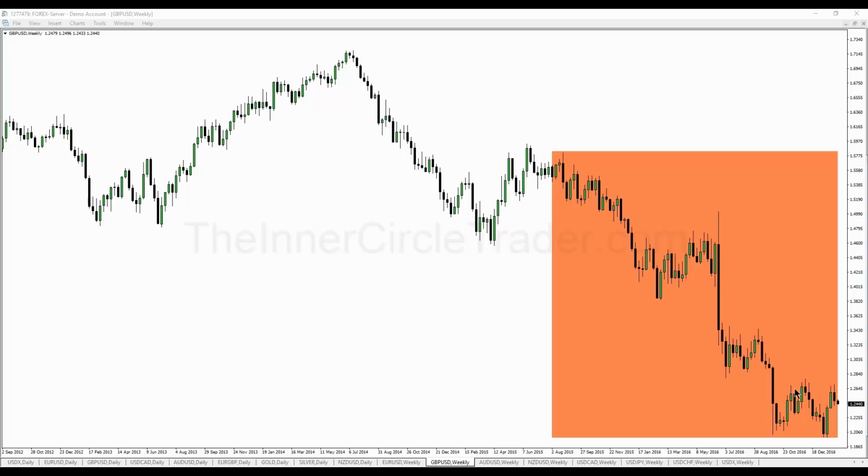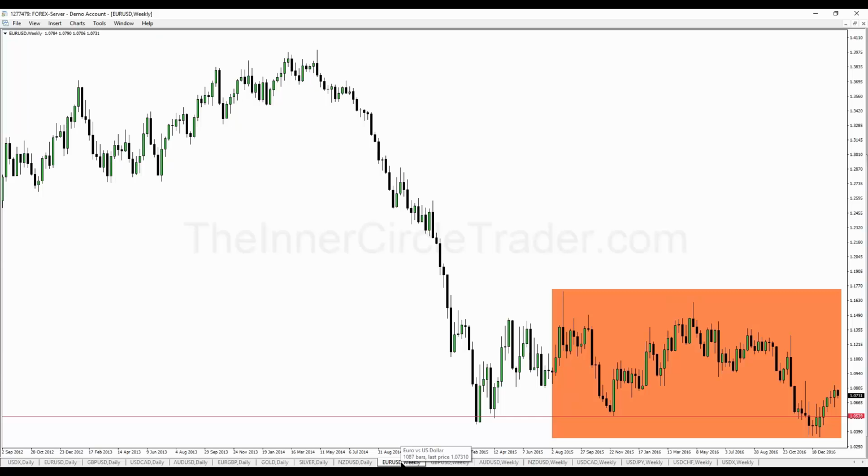Now, if we were looking at this pair and we see, okay, this pair shows a willingness to go lower while at the same time the euro dollar is in consolidation, I want you to think about what that means for euro pound, because we're going to talk a lot about what makes euro pound move this month.